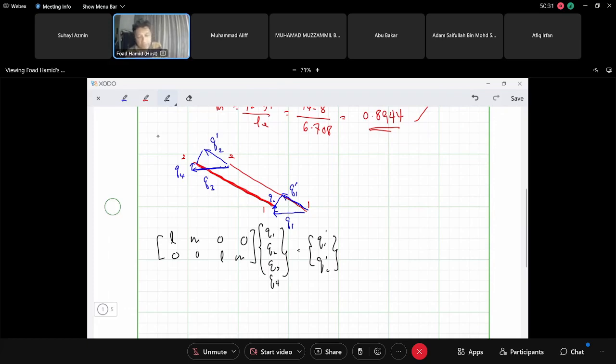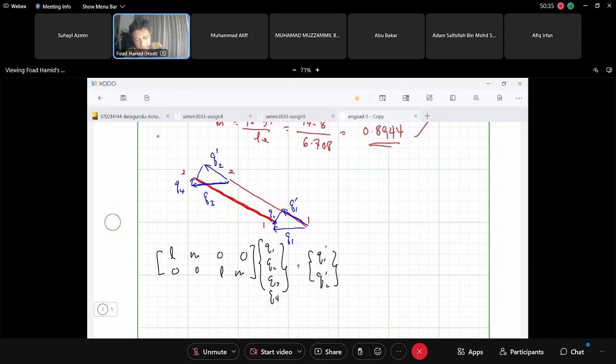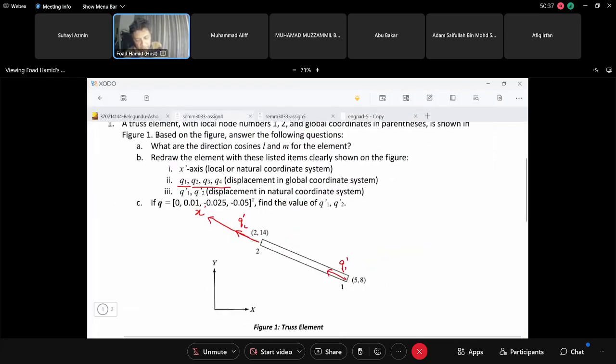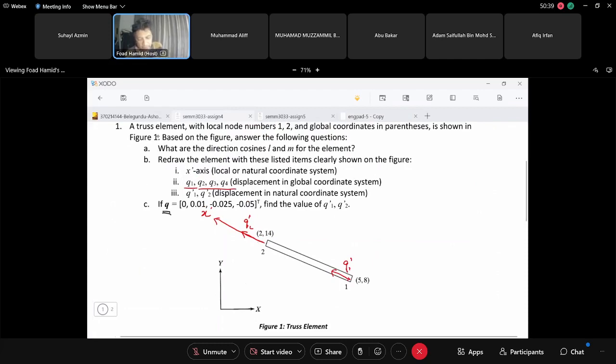Right? So this is basically our next question. This one. So if Q is this value, what is this one here?